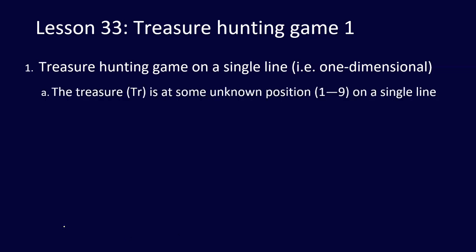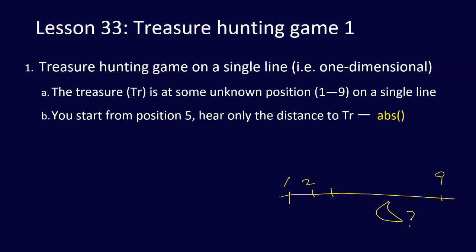The treasure is at some unknown position. We are on a single line. The leftmost position is 1, 2, 3, up to 9 on the right-hand side. The treasure is at some unknown, hidden position. I don't know exactly where it is. Maybe we will make it using the random function.